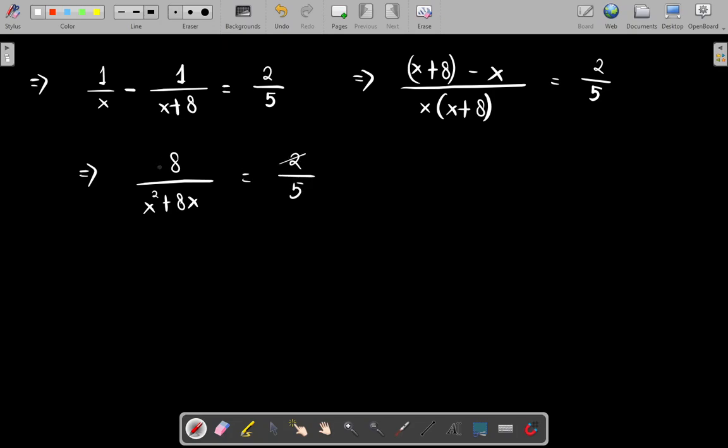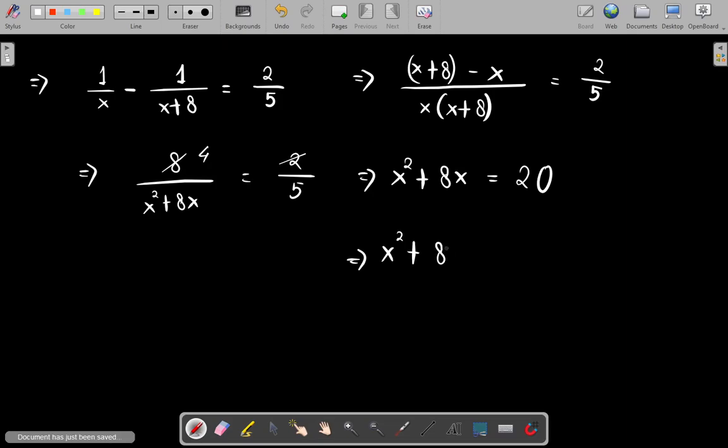Okay, so this 2 and this 8 will get cancelled, 4 here. So this implies that x square plus 8x is equal to 20. Okay, so the quadratic equation becomes x square plus 8x minus 20 equal to 0.